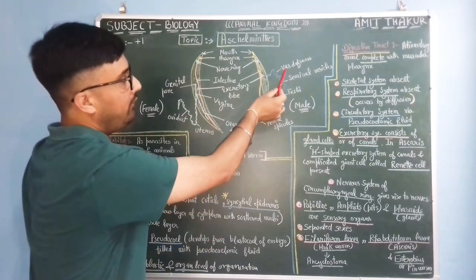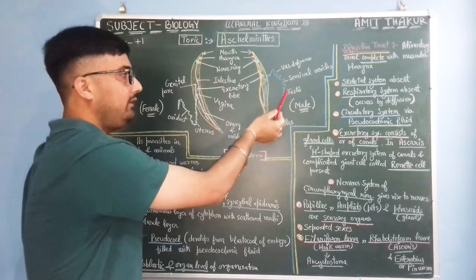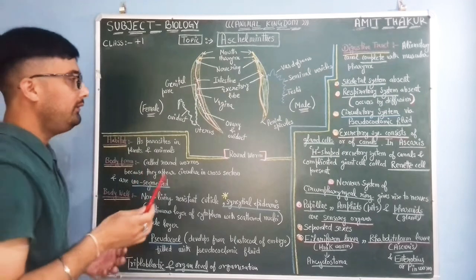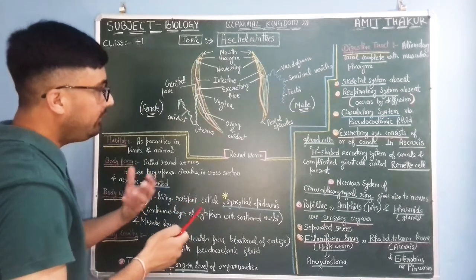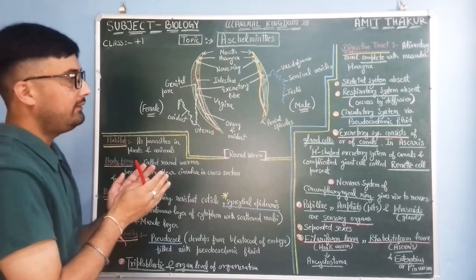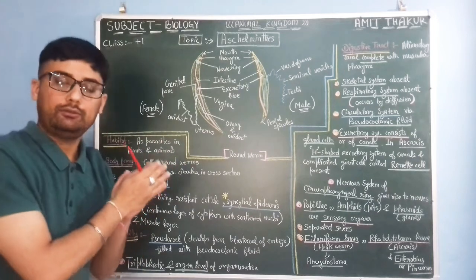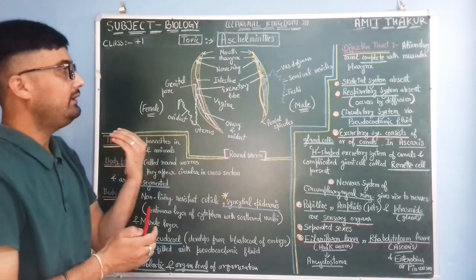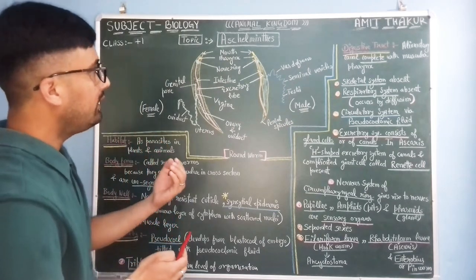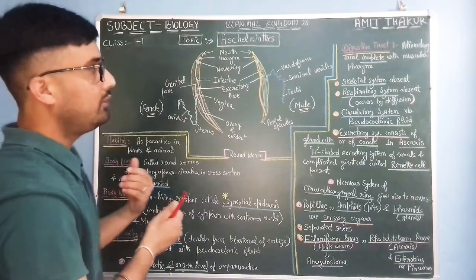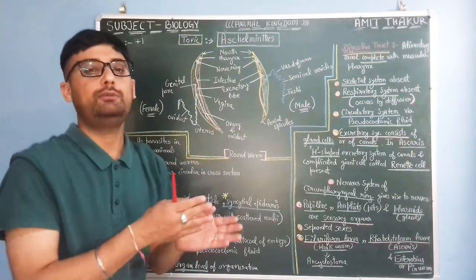You can see over here vas deferens, seminal vesicles, and testes. And size wise, a male roundworm is smaller than the female roundworm. In the previous phyla, we have heard of hermaphrodite.